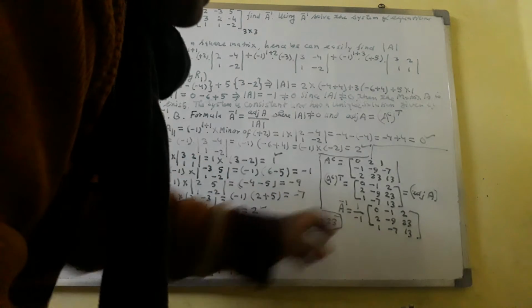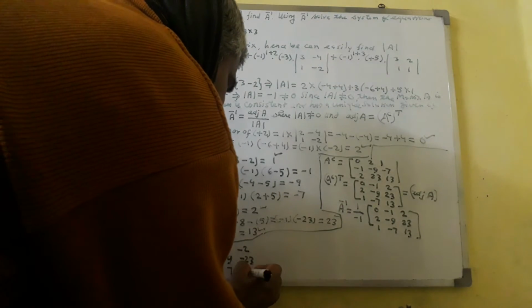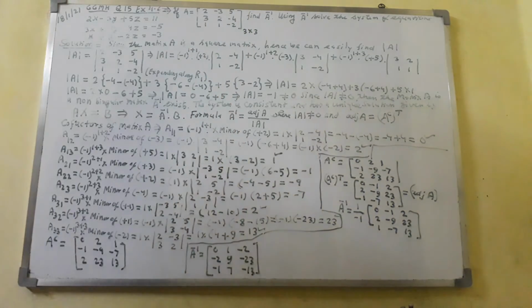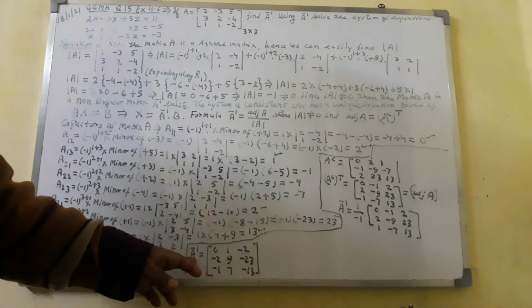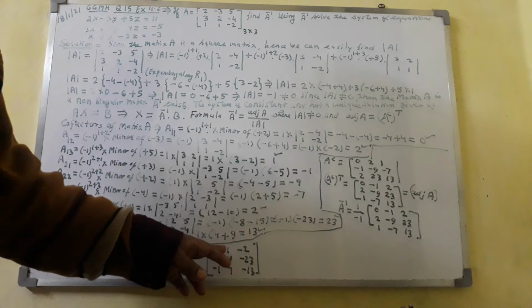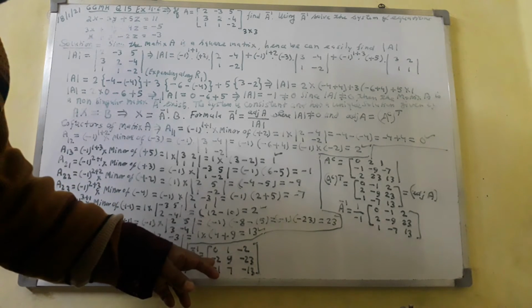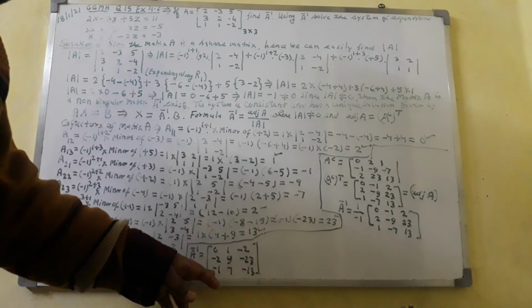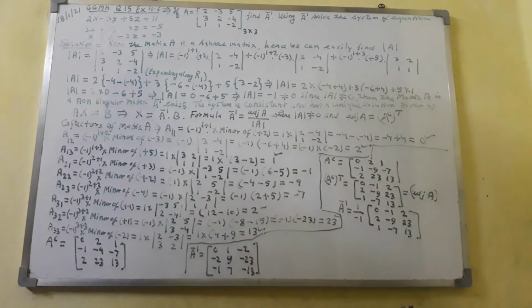And 13 multiplied by -1 comes out to -13. So I have got A inverse equal to 0, 1, -2, -2, 9, -23, -1, 7, -13. Now what will we do next?